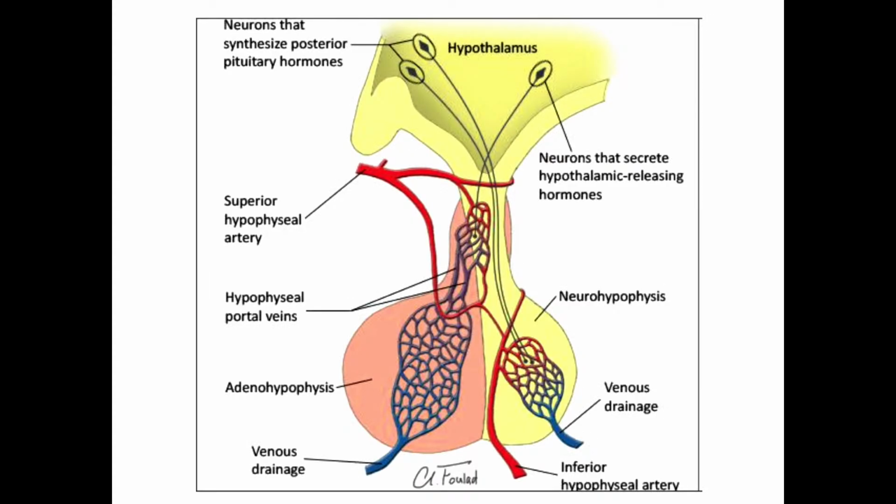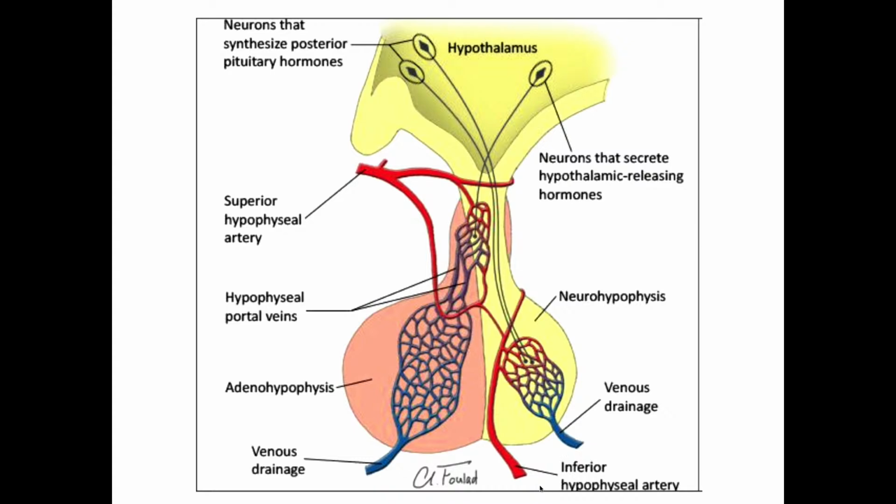So this is exactly what we've talked about. I mentioned that we have the superior hypophyseal artery. This is this one here. And it is supplying the infundibulum and creating the sinusoids, and the superior hypophyseal veins are creating the hypophyseal portal system, let's say. And that's how the neurons from the hypothalamus are connecting, as you see here, and the releasing hormones are transmitted.